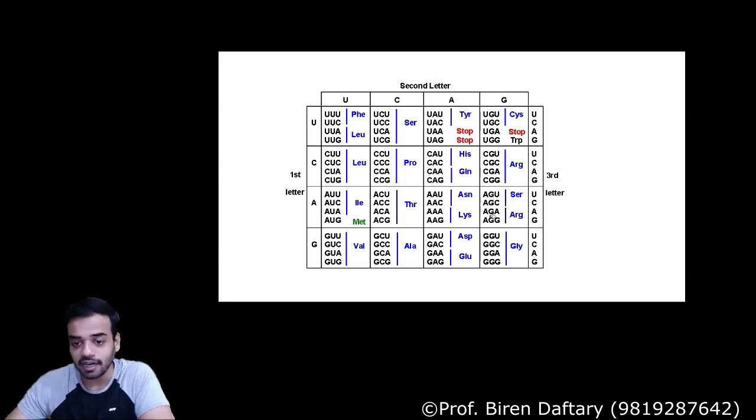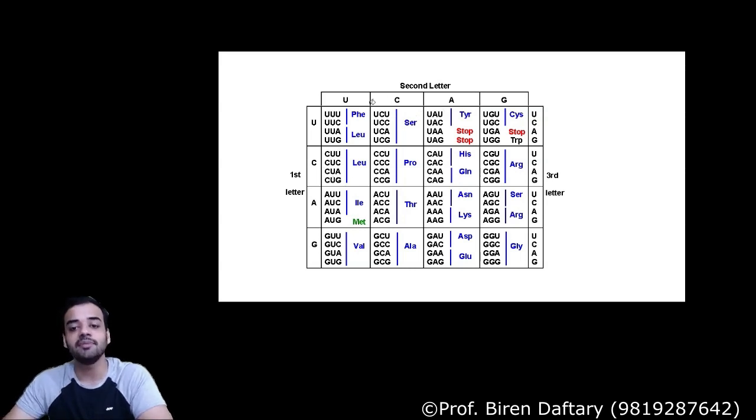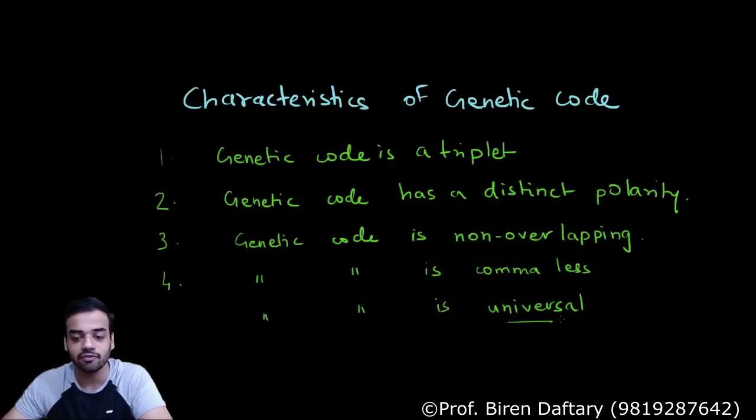So if I say that in humans, this GGG codon codes for glycine, then this same GGG codon will code for glycine in any other organism. That other organism will not have a different codon. So this is a universal chart. Just like scientific names are universal, similarly this chart is common for all organisms. So you don't need a different chart for different organisms. So genetic code is universal.